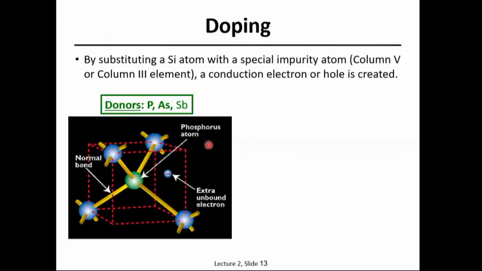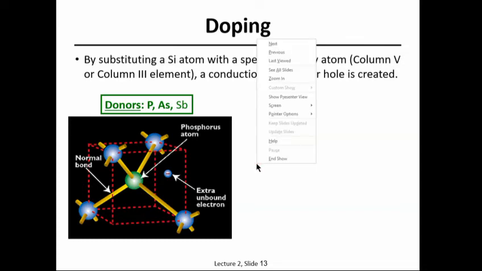Okay, so here we're saying that from column 5 in the chemical table, we have phosphorus, we have arsenic, we have other materials. So it has 5 electrons in its outermost shell, and there is an extra electron that will be unbound from the donor, leaving behind to join and bond to the silicon atom.